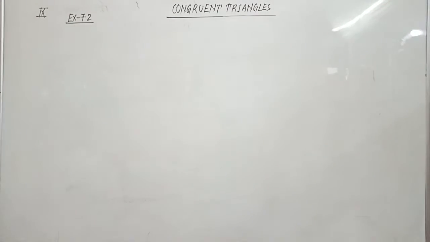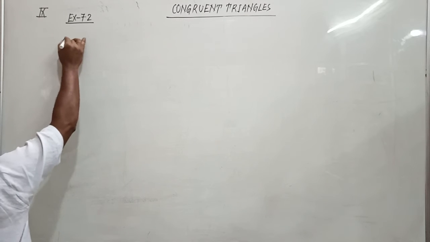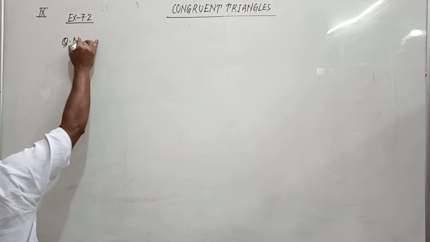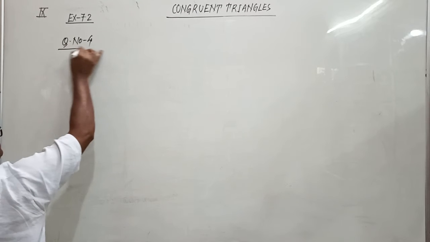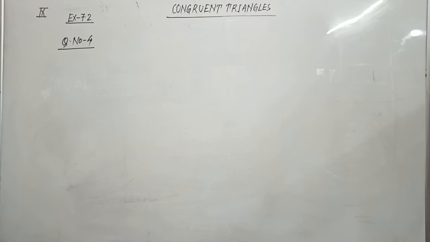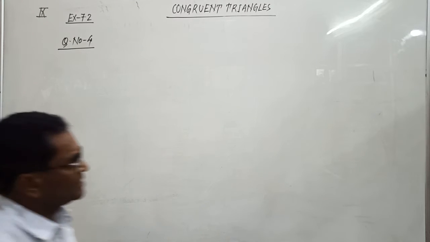Now next question, question number 4. ABC is a triangle in which altitudes BE and CF are equal.